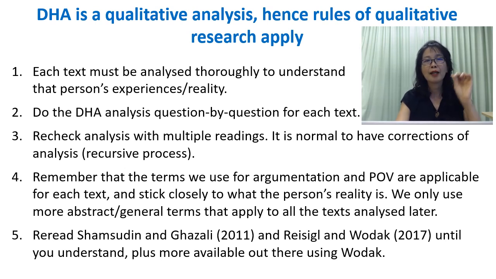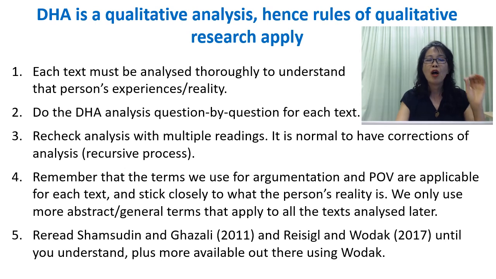Reisigl and Wodak provide 5 questions to guide the analysis. Number 3, recheck the analysis. There is bound to be something we might miss, and it's normal to have corrections. After we have analyzed a few texts, we go back to the beginning, check it until our analysis framework in our mind has stabilized.